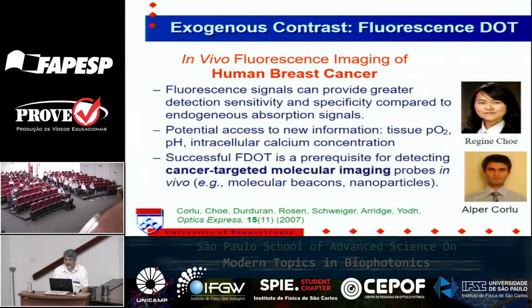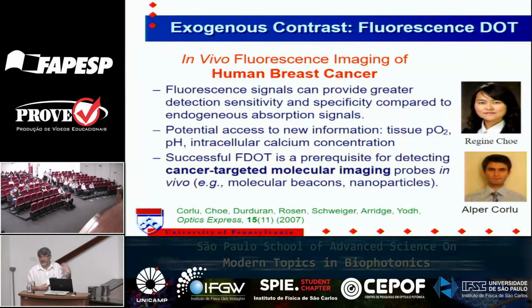So this is work by Regina again, but also with Alper Korlu. And basically, our motivation is that we thought maybe fluorescent signals can provide a better detection sensitivity and specificity compared to the endogenous absorption changes, which are small.